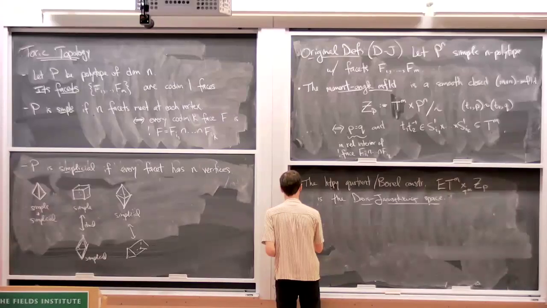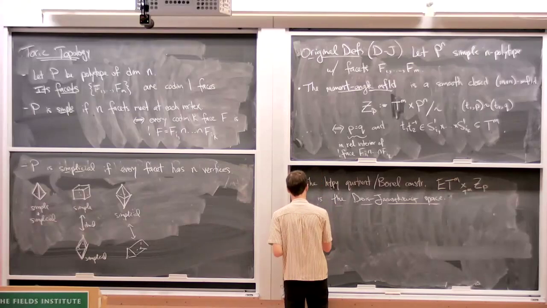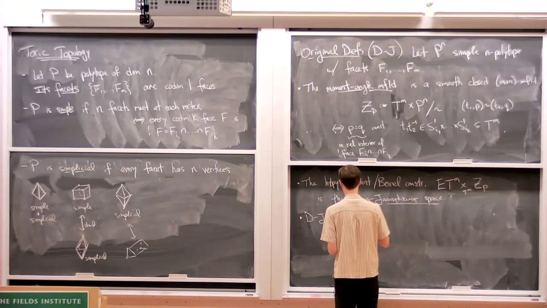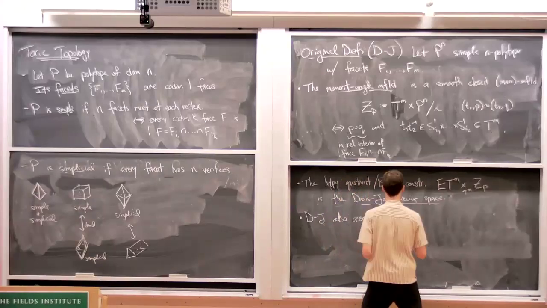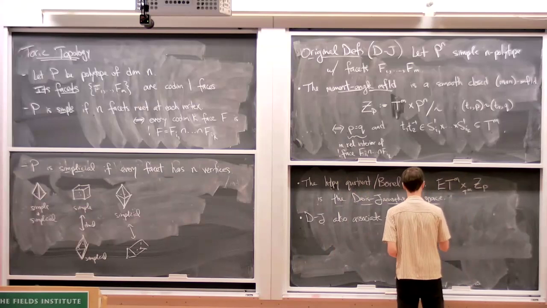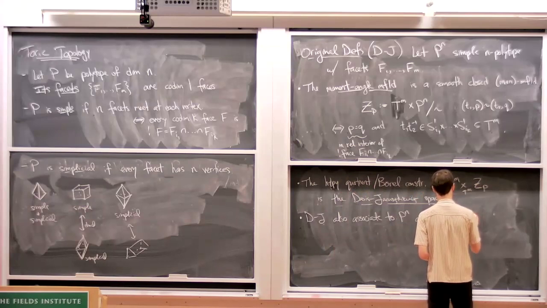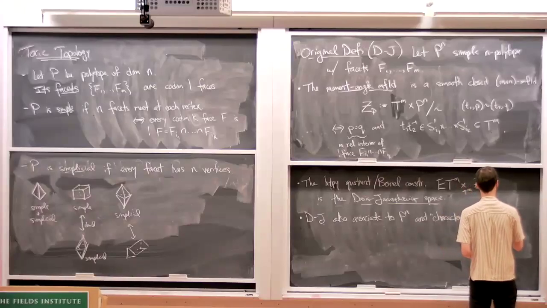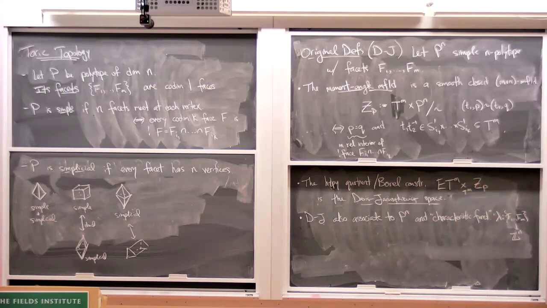So one more sort of non-definition is that Davis and Januszkiewicz, this is the whole point of their paper, also associate to our polytope any characteristic function, lambda, which will just go from the set of facets to a lattice of rank n.